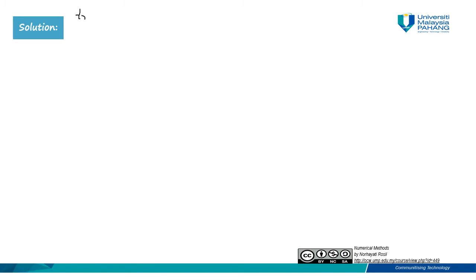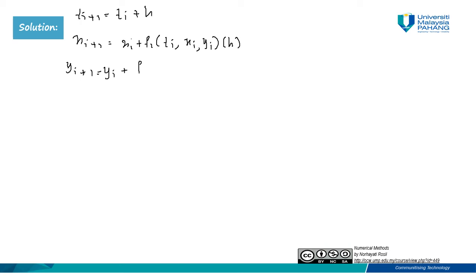We have Ti plus 1 equal to Ti plus h, then xi plus 1 equal to xi plus f1(ti, xi, yi) multiplied with h, and another equation for yi plus 1 equal to yi plus f2(ti, xi, yi) multiplied with h.